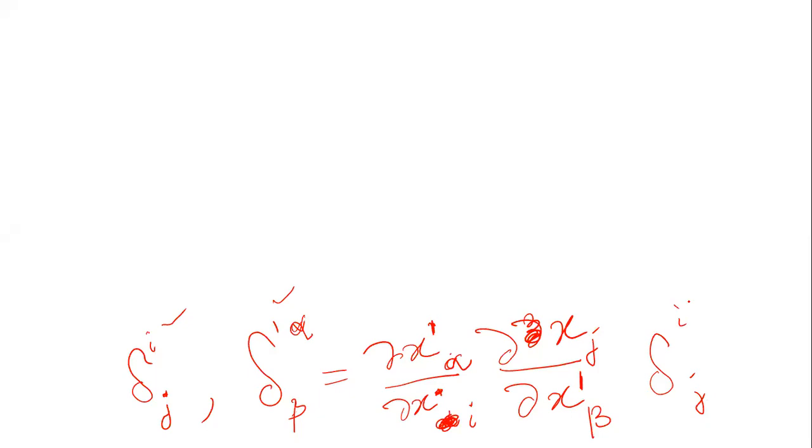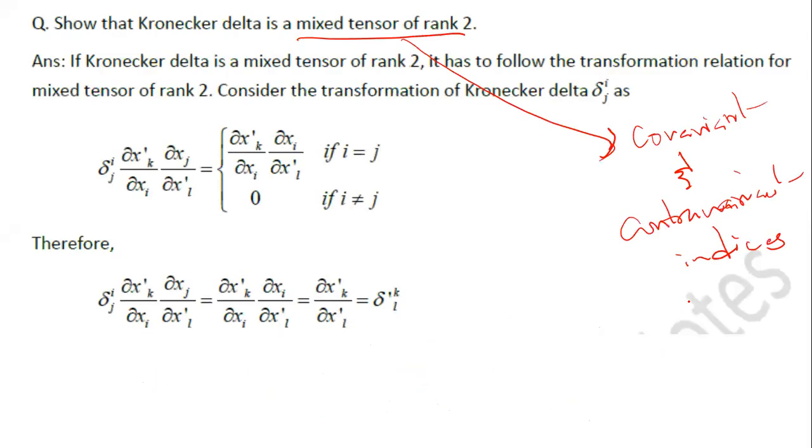A mixed tensor of rank 2. Now, if it has to follow that, let us write it down. Let's say the Kronecker delta sigma i j is a component of the Kronecker delta you measure in one coordinate system. Then i is the contravariant index and j is the covariant index, because i is in the superscript and j is in the subscript.